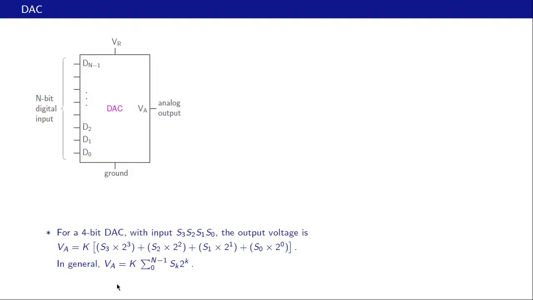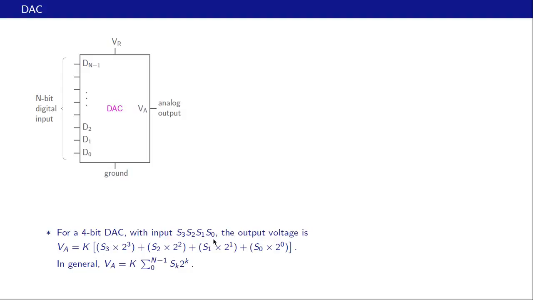Here is an example. For a 4-bit DAC, that means n is 4 here, with input S3, S2, S1, S0, that corresponds to D3, D2, D1, D0.